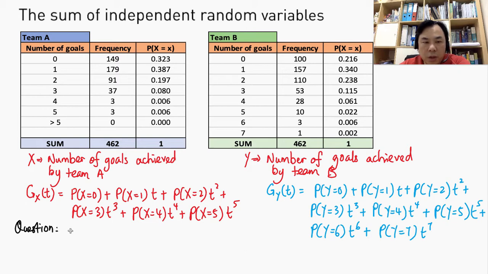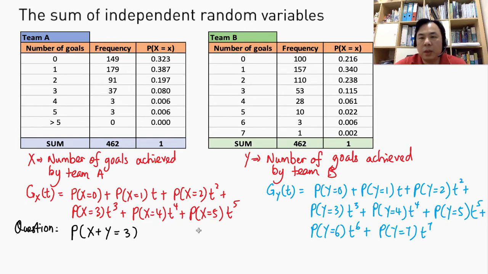What would be the probability of the sum of the goals collected from Team A and B being equal to 3? How do we actually work out the probability of the sum of the goals achieved by Team A and B equal to 3?